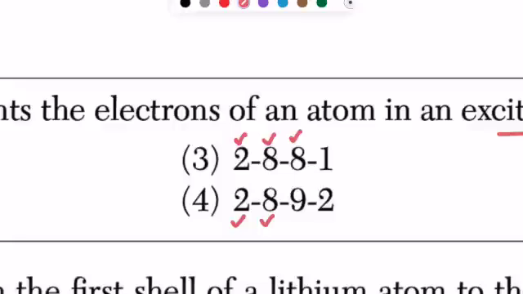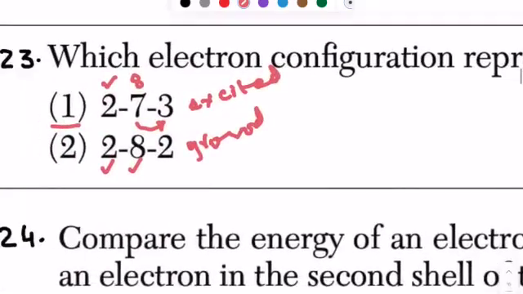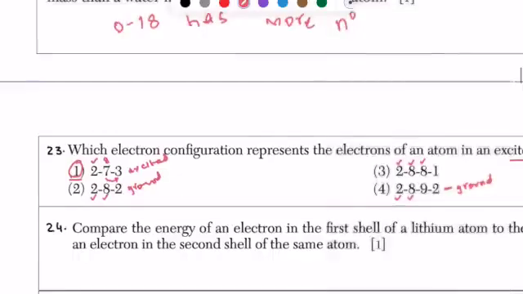For those of you where we have not talked about the specific energies or how the orbits are filled, you can simply look at the periodic table and see if there is an element that has this electron configuration, because if there is, then this just represents a ground state. Same thing for the previous one. So your answer in this case will be 1.